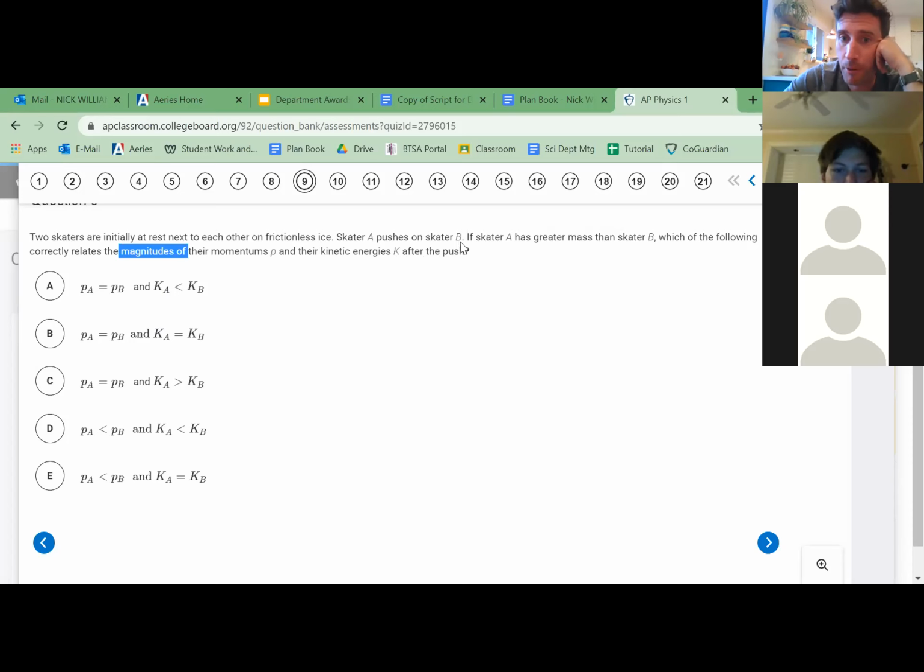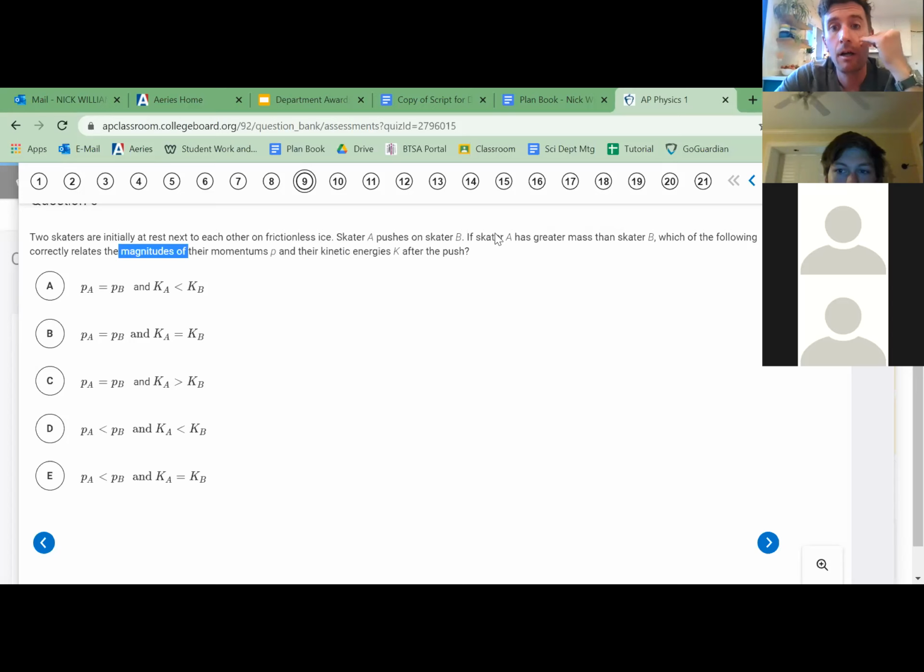So since the heavier person, the greater mass person, is going to be moving slower, I know that velocity is going to end up getting squared. So that slower person, that squared value of velocity, the velocity matters more. So the lighter person is going to have greater kinetic energy because the velocity gets squared, the velocity matters more, and the lighter person has greater velocity.